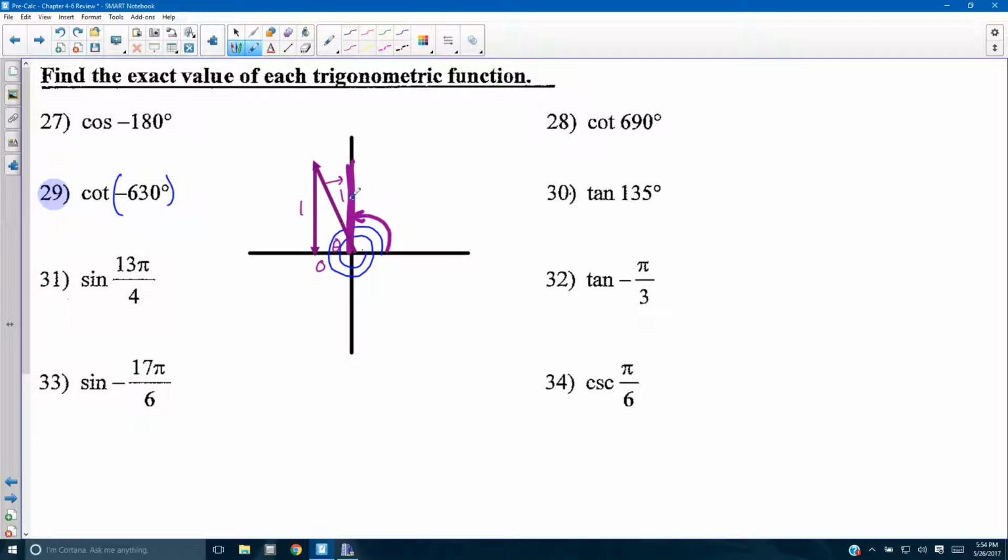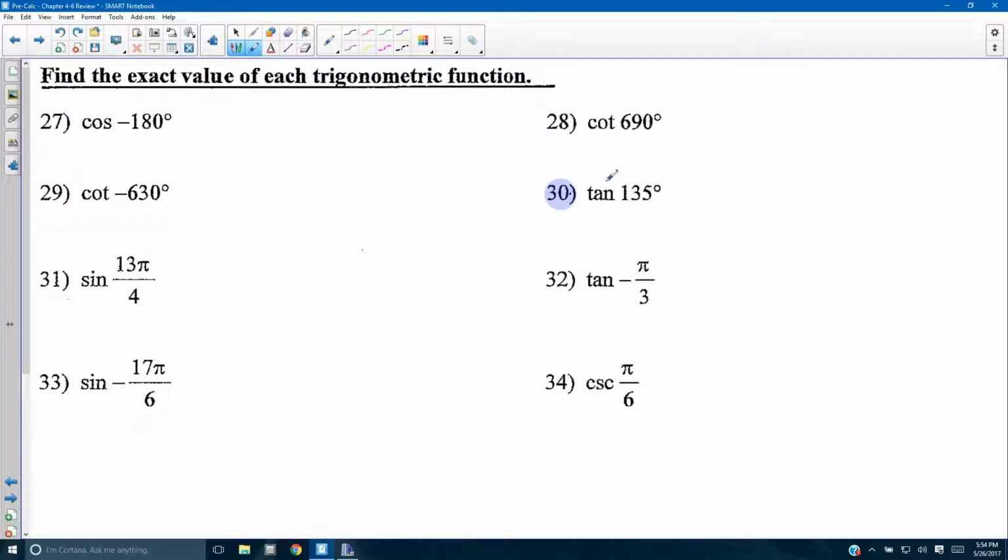If this is 1, this is 1, this is 1 as well. Okay, so cotangent is adjacent over opposite. Well, the adjacent side to theta here is 0. The opposite side here is 1. 0 over 1 will give us 0. And that's it.